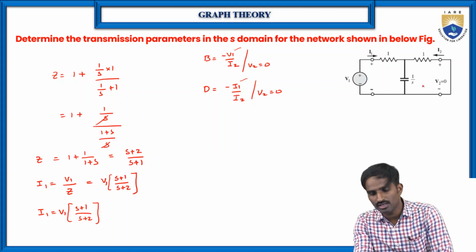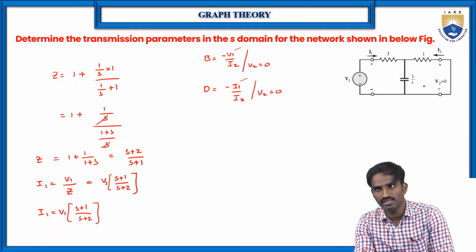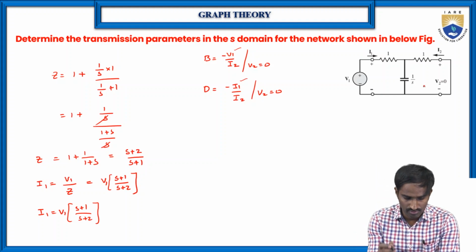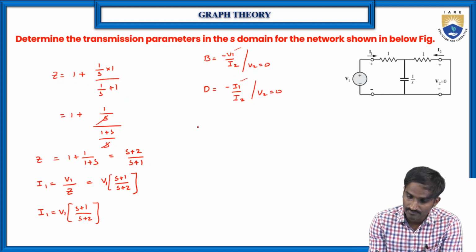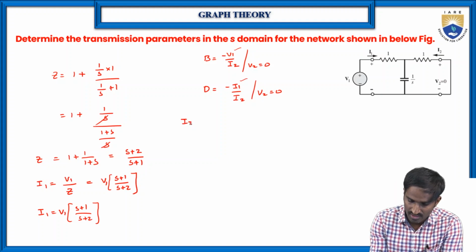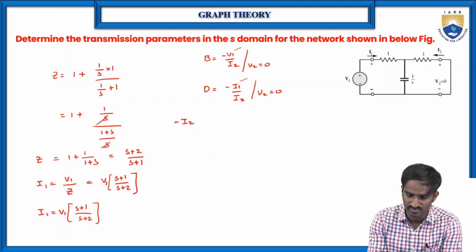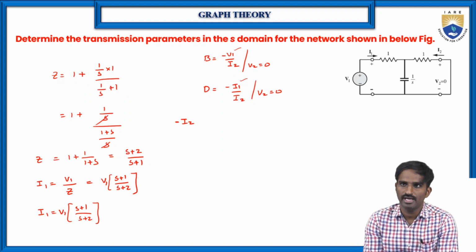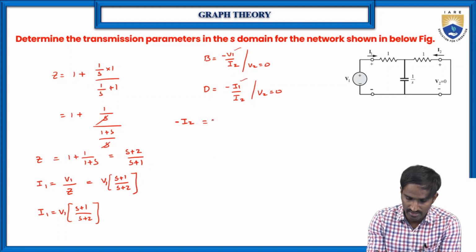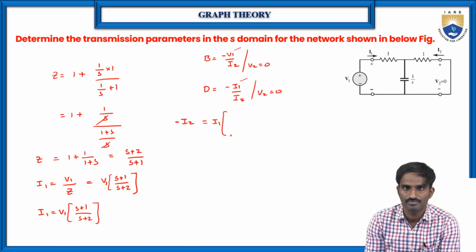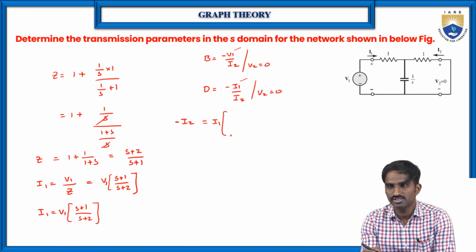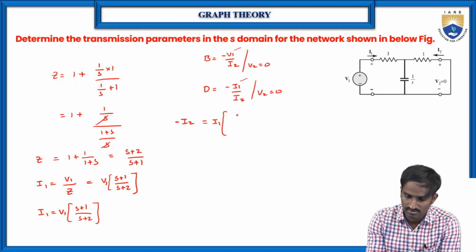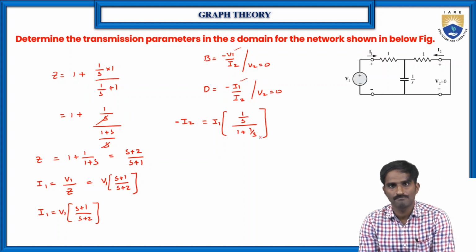Now by using the current division rule, we can find the current I2. Here the current I2, of course it is minus I2 because it is in the opposite direction to what we are considering. So the current I2 is equal to the total current I1 into the opposite resistor, 1 by S by 1 plus 1 by S, right?